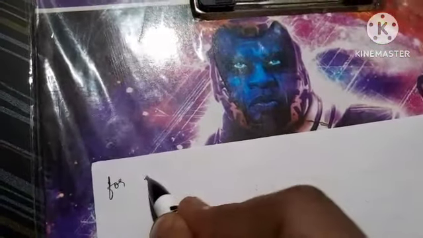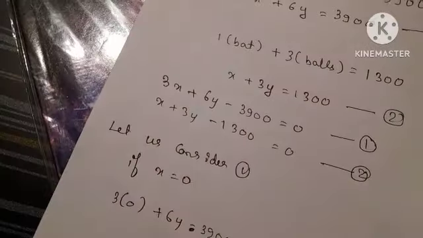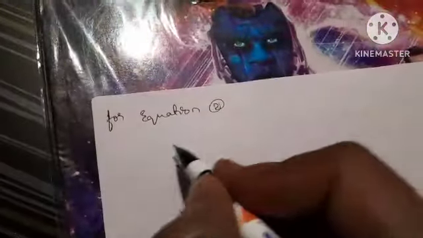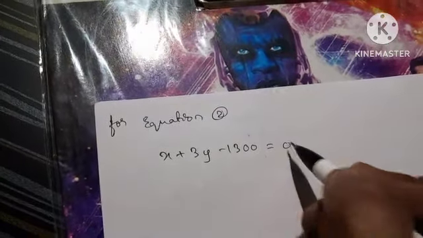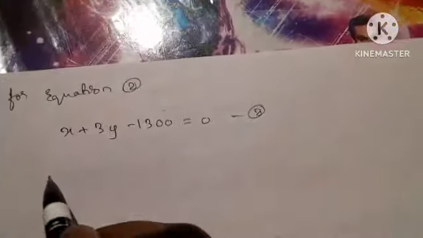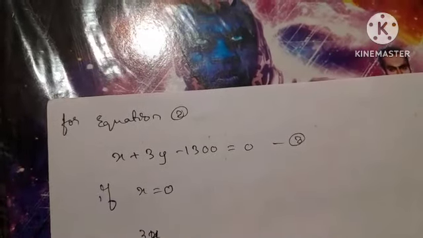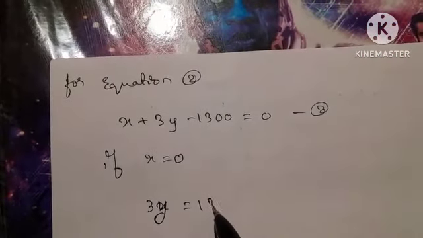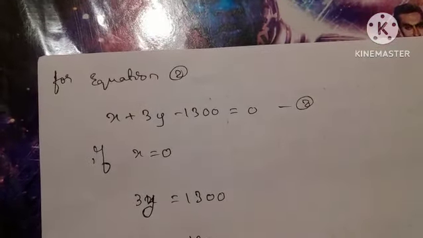Similarly, let us consider equation 2. What is equation 2? x plus 3y minus 1300 equal to 0. If x is equal to 0, then 3y equal to 1300, so y will be 1300 by 3.